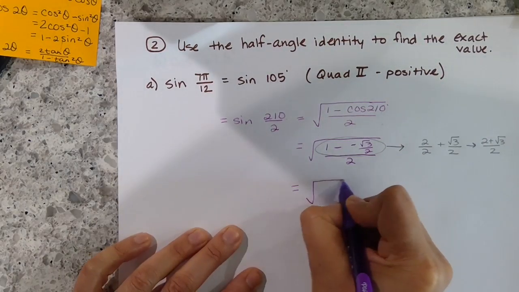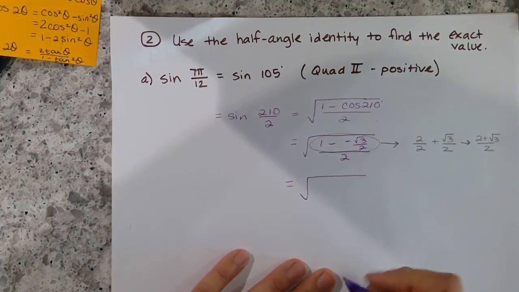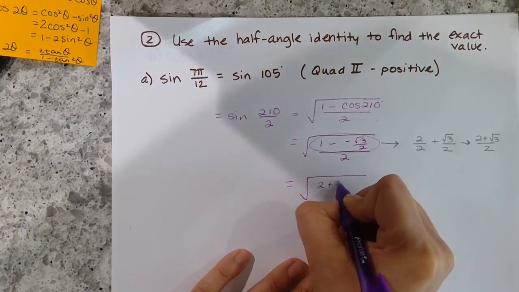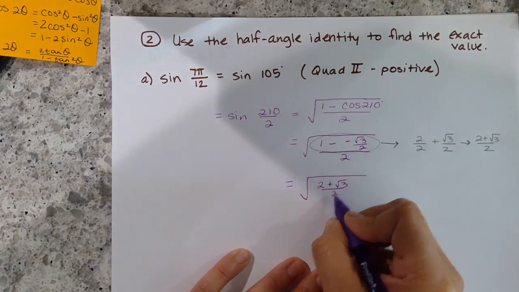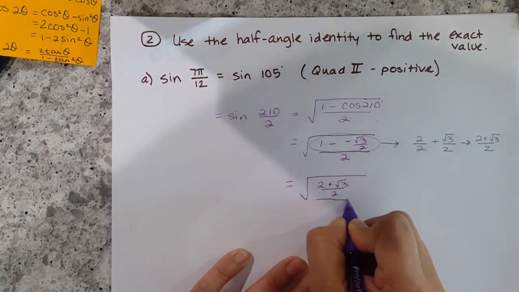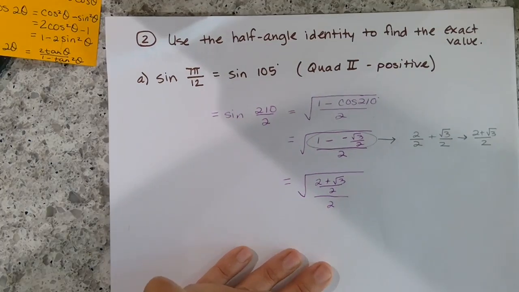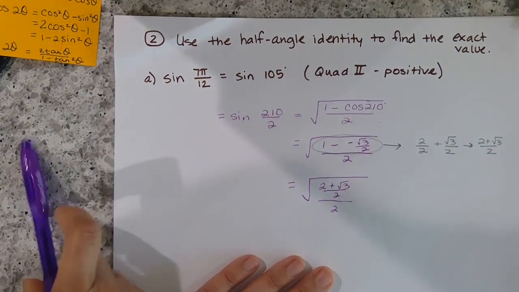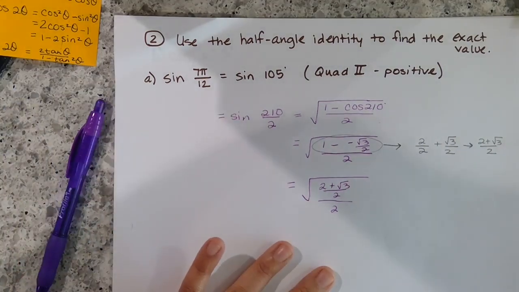And these problems do have square roots within square roots, so they do look a little bit ugly. So this is going to be that right there, all divided by 2. Okay, you cannot leave your answer like this. You have to combine them and make it look a lot nicer.